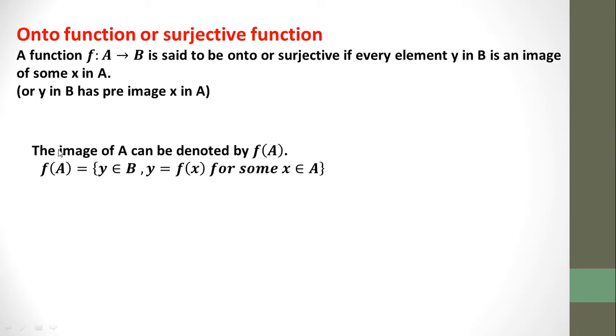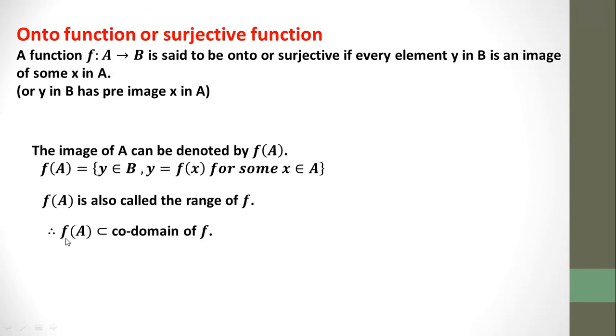So see here, the image of A can be denoted by f of A. f of A is called the set of images of A. So f of A is equal to y belongs to B, such that y is equal to f of x for some x belongs to A. So f of A is called the range, remember, and we know that f of A is a subset of the codomain of f.